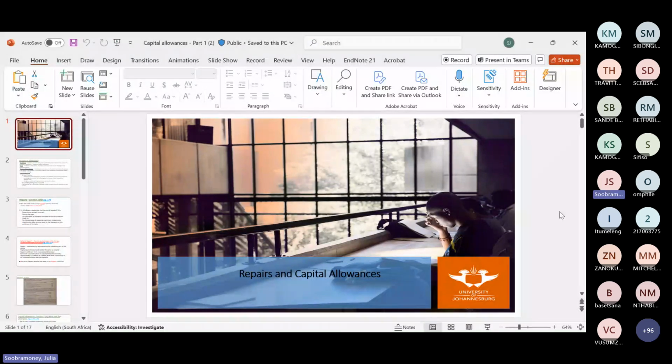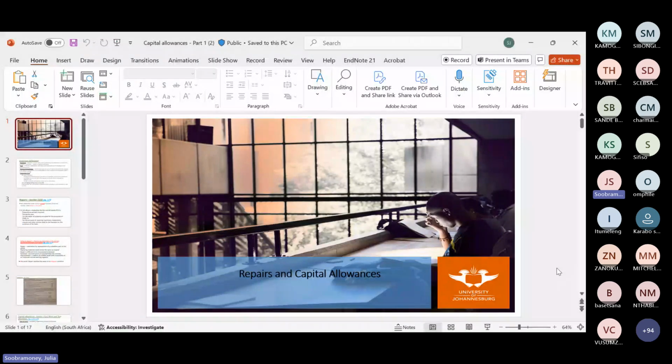Okay, guys, so this week, as I said earlier, we are going to concentrate on capital allowances. It's very similar, and it's the same concept as depreciation, what you do in accountancy. The only difference is the rules are slightly different, as well as the terminology we use.